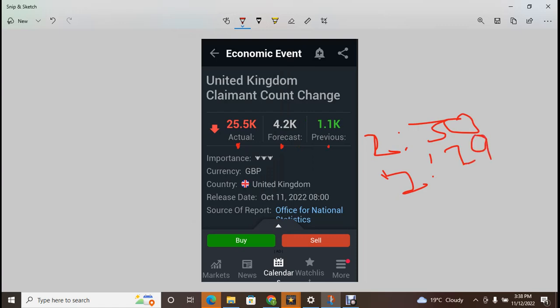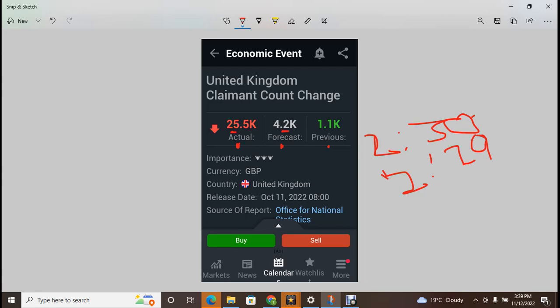Instead of placing your trade at this time, you wait until the news are released, and then you come on this site. You check whether it is a buy or a sell. When it is a sell, it will be red, and this number will be smaller than this number. As you can see now, it says 25.5. It will be red, and then you sell.